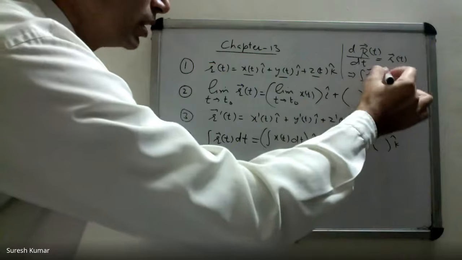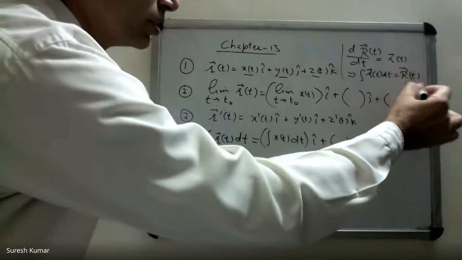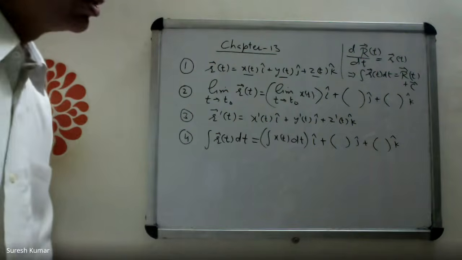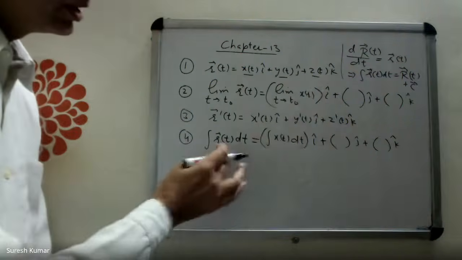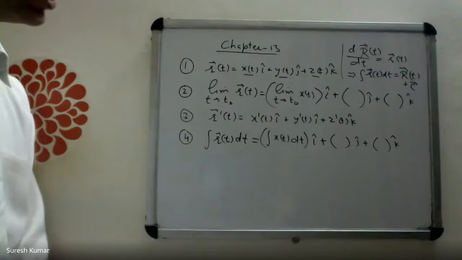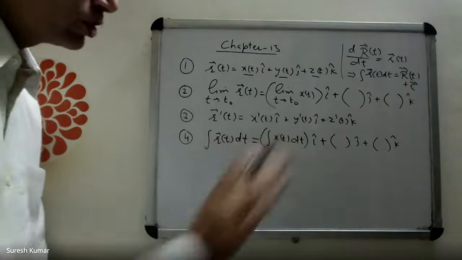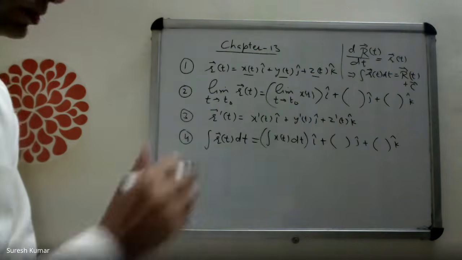Integration of r(t) is capital R(t) plus some constant of integration. So you can add some constant vector. So that is the definition of indefinite integral. So following that, you can write this expression that taking integration of r(t) means doing integration of each component. So you are seeing the similarity in these results.